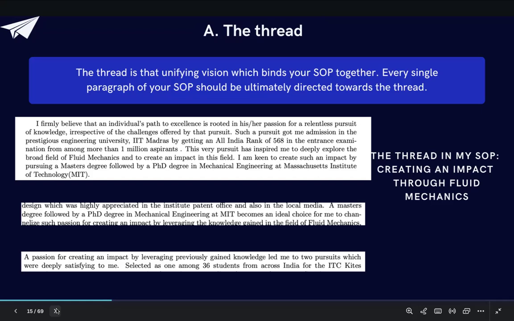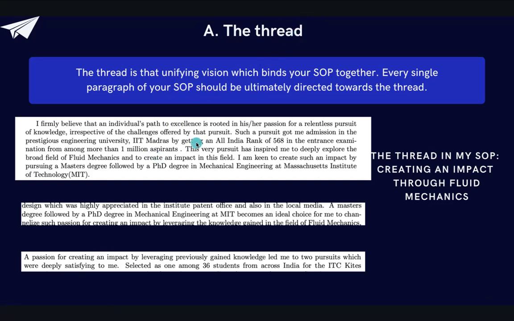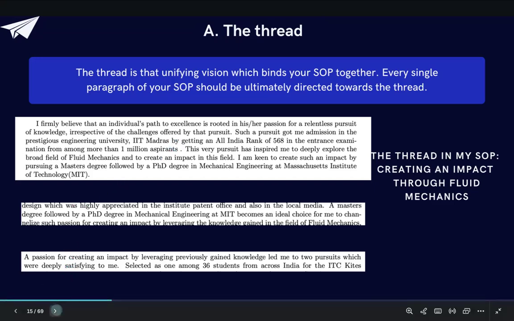It's fine if at some point you feel that this vision is getting repeated, as long as you're putting it in different words. Don't repeat the same sentences, but it's completely fine if there is a repetition of the thread. So just remember, the thread is the vision of your SOP.